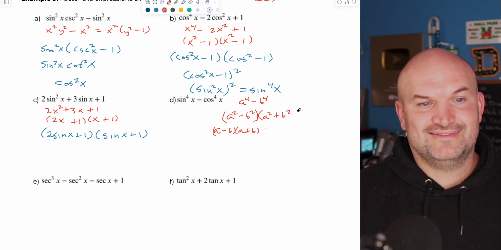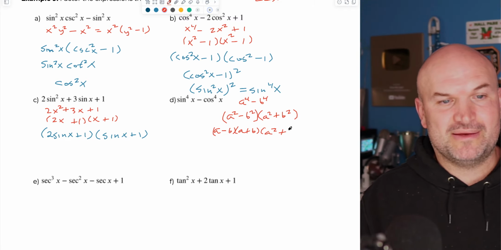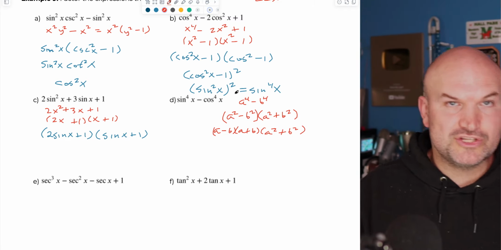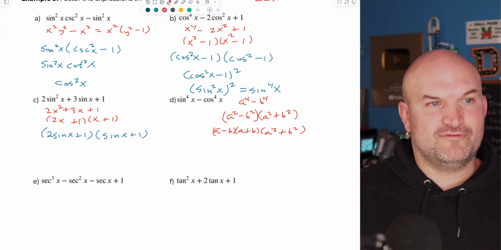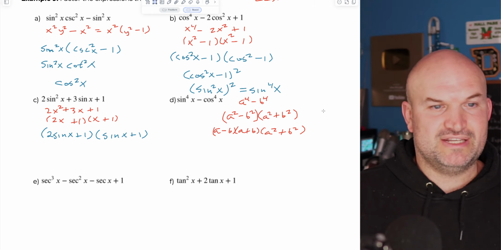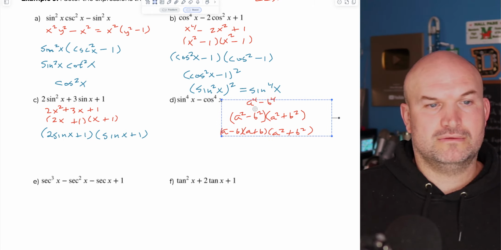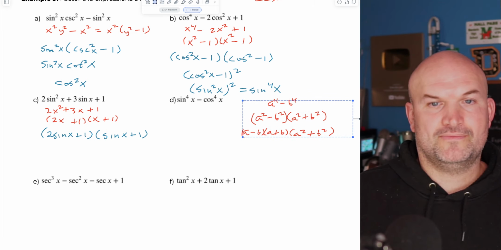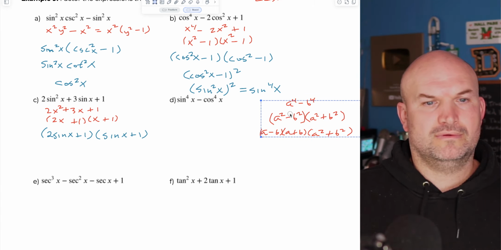So don't forget that, and that would be times a squared plus b squared. You could do it with me from there, or you could do it the algebraic way and then distribute things as you see fit. I'll leave that there for you.